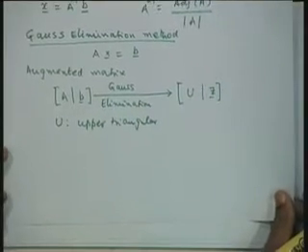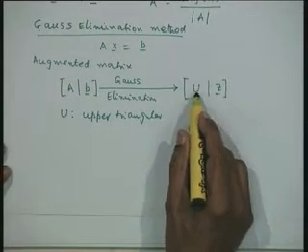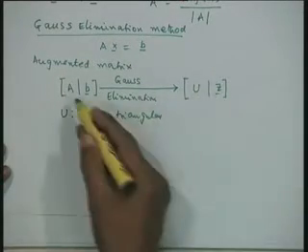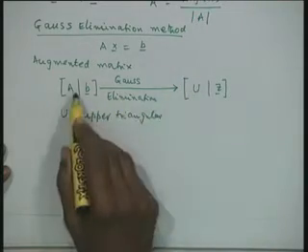So, we shall reduce an augmented matrix into this particular form where U is upper triangular and Z is the changed vector of B.